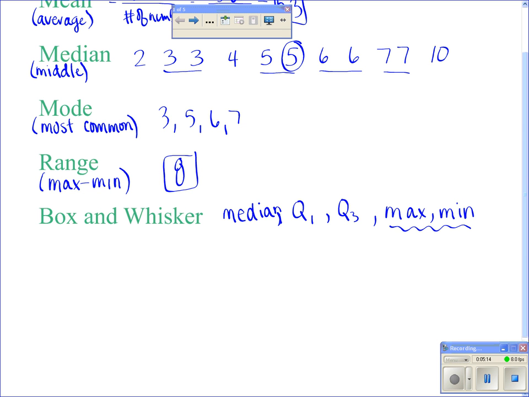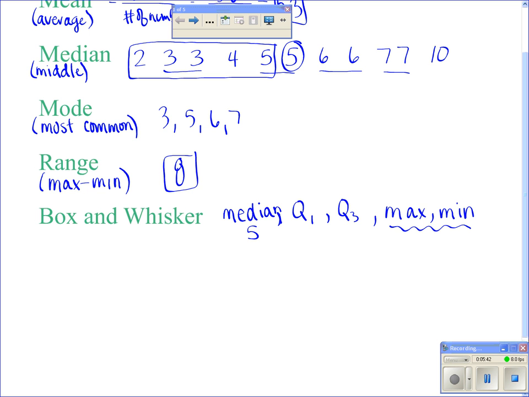We need to look at the median, so we're going to use the list that's up at the top of the screen there. The median is one of our values, which is 5. Q1 and Q3, the two quartiles, are found by finding the median of the left and the median of the right. So in this case, we used a number in our list, so we're not going to use that when we're finding the median of the left-hand side.